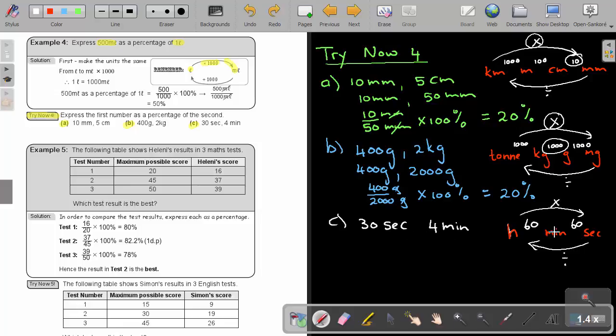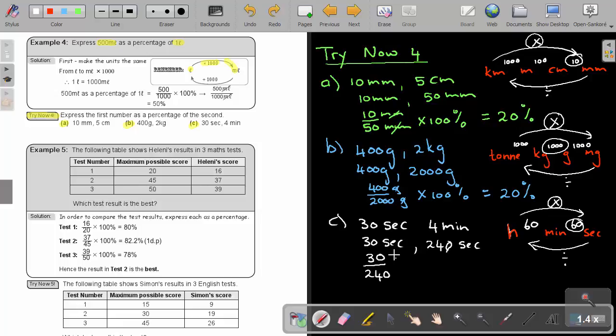So I want to go from minutes to seconds. So I must multiply by 60. So it's going to be 30 seconds. And it's going to be 240 seconds. So make it a fraction. So it's 30 out of 240.